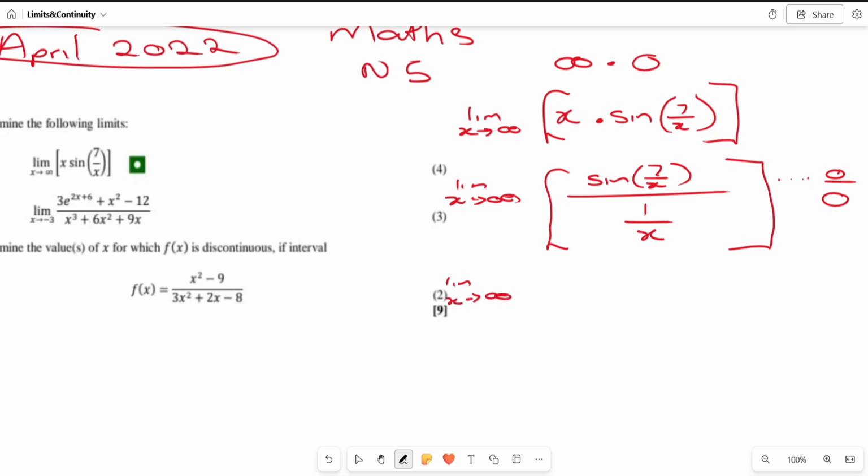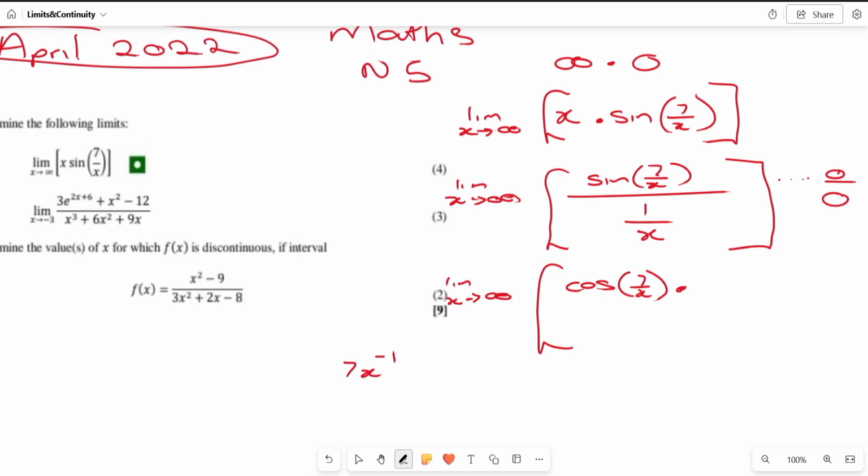So the limit approaches 0. We're going to derive the numerator, right? It shouldn't be hard. The derivative of sine, you guys should know that is cos. It is cos, but we'll say cos 7 over x, and then we need to find the derivative of 7 over x, right? 7 over x, guys, is the same as saying 7 times x to the minus 1, right?